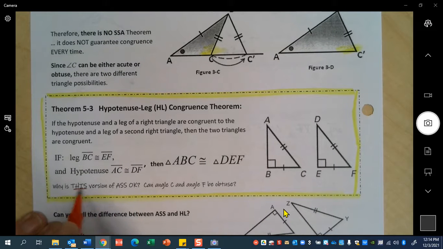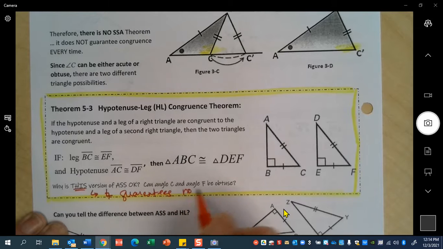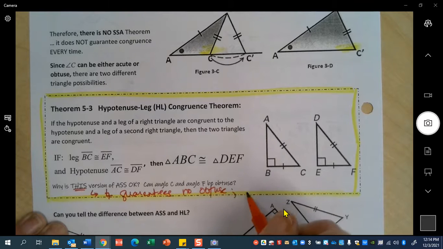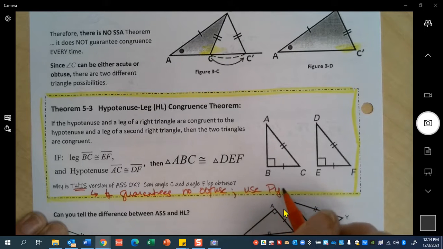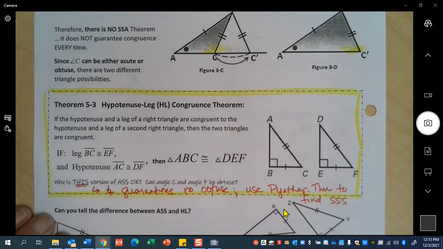This version is okay because my right angle guarantees that there's no obtuse angle, and I can use Pythagoras, the Pythagorean theorem, to find my third side for side, side, side.